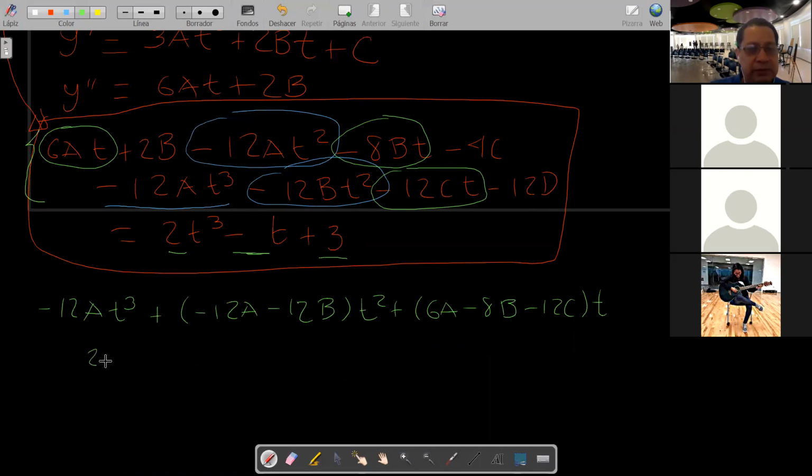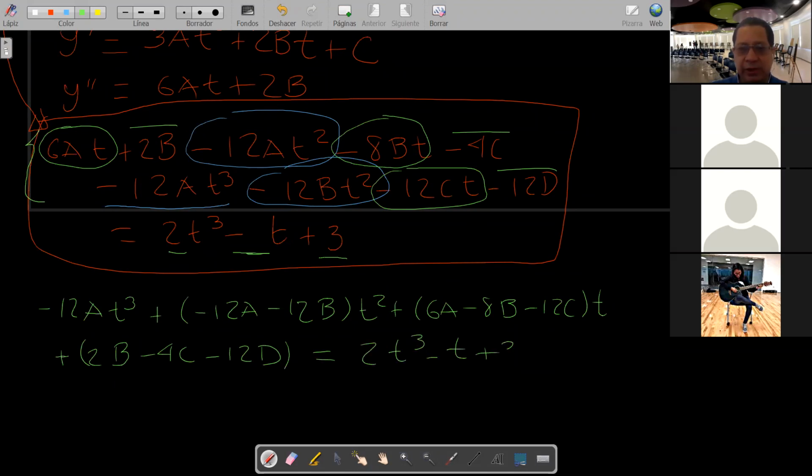It is 2b minus 4c. Here is one, here's our one. Oh, and there's a third one. Okay, and that has to be equal to 2t cubed minus t plus 3.